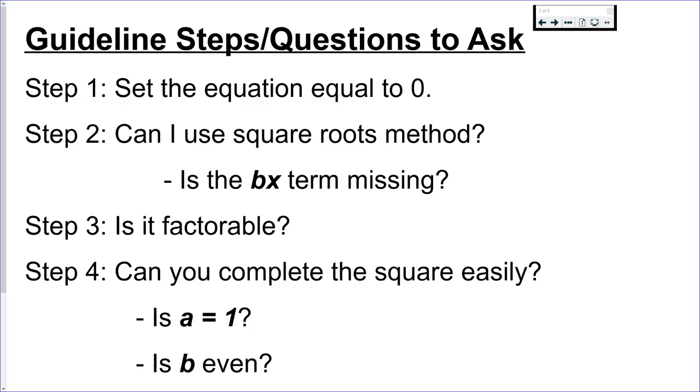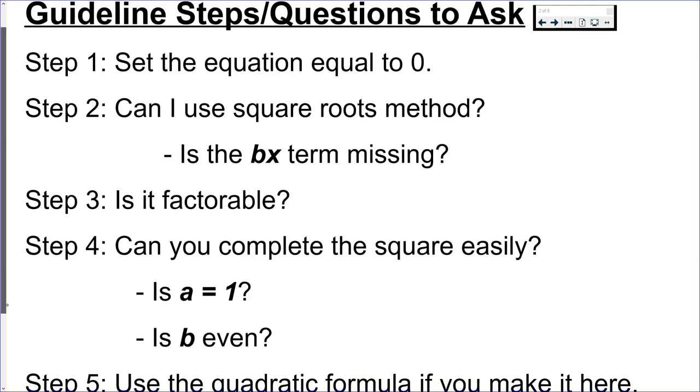If factoring does not work, you can complete the square if certain things happen. If a is 1, or a can easily become 1 without any issues like fractions, then you'd want to consider that for completing the square. The other thing you'd want to consider is if b is even.